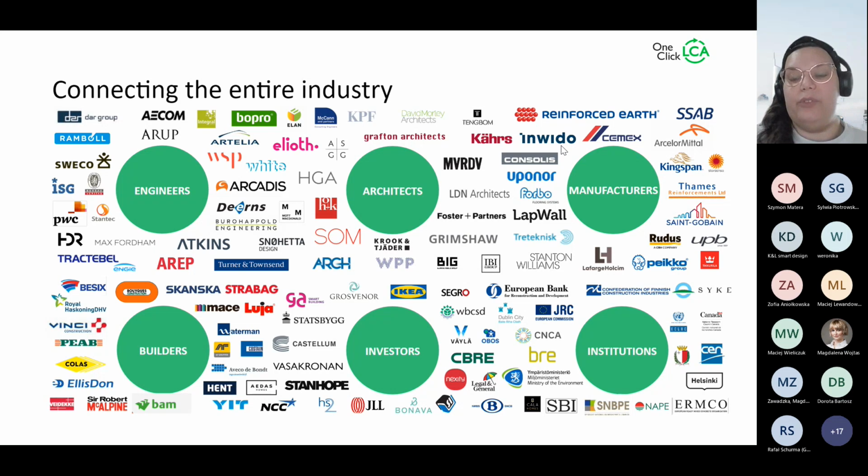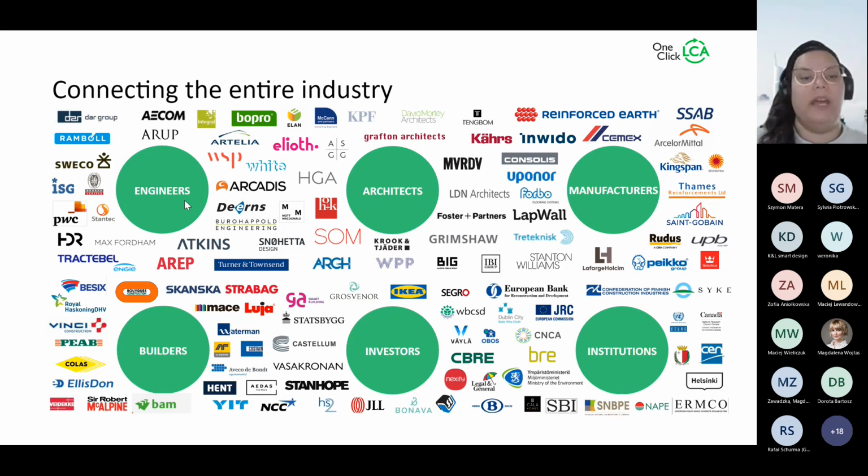For example, manufacturers come to us asking for help on how to do the calculations for their EPDs, as I mentioned earlier. Their EPDs will then be used by architects and engineers when making the life cycle assessment or carbon footprint calculations for their projects, and also for making more informed decisions on the specification of materials.